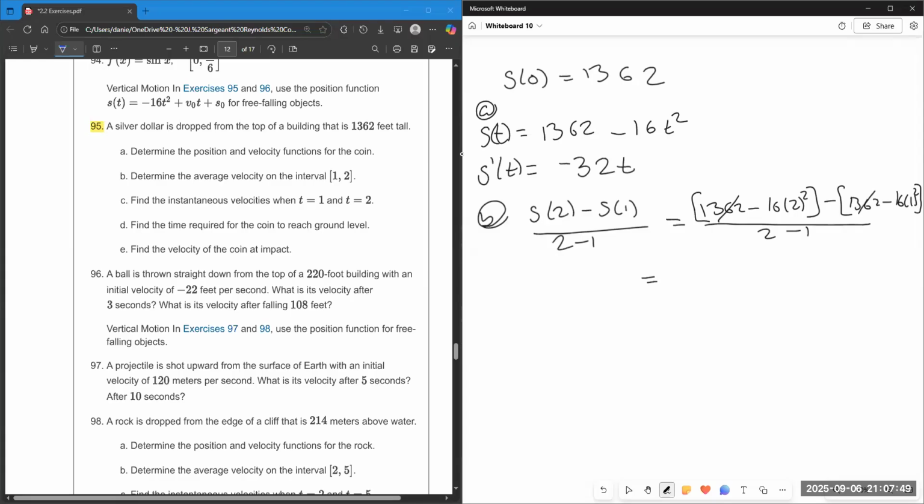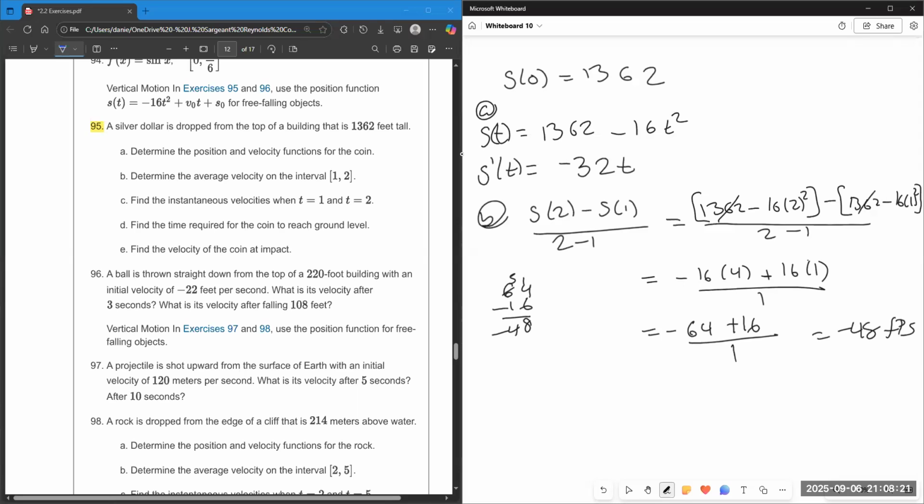So this is equal to negative 16 times 4 plus 16 times 1 over 1. So that's negative 64 plus 16 over 1, which is negative 48. That's negative 48 feet per second average.